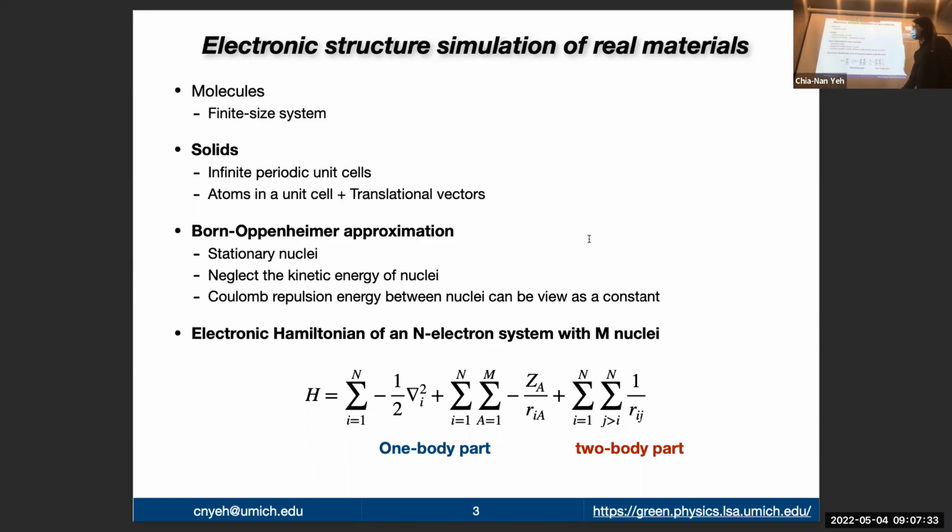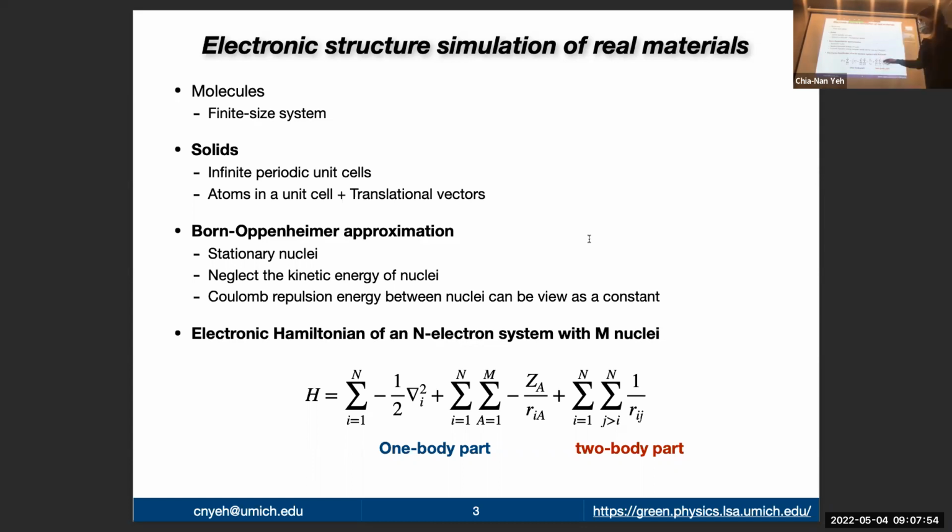The approximation we're going to implicitly use is the Born-Oppenheimer approximation, where we assume the nuclei in the solid are stationary, so that we can neglect the kinetic energy of the nuclei, and the Coulomb repulsion energy between nuclei is just a constant in your total energy.